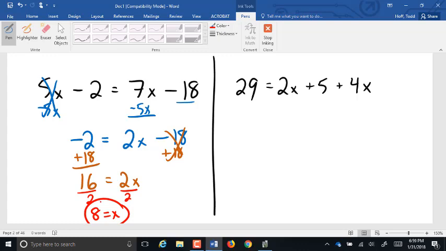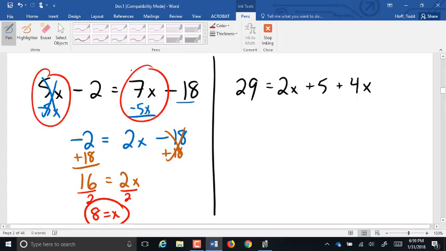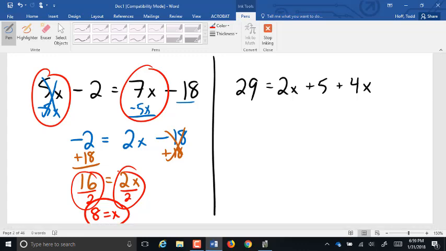The key is you try to get it down, because when you multiply or divide, it gets a little more complex if you don't have it down to a single term. When we added or subtracted, I only have to add or subtract to one piece on each side. When I multiply or divide, I have to multiply or divide every piece on each side. Like here, when I divided by 2, there was only one thing on the left and only one thing on the right. So if we have it down to just one thing on each side to multiply or divide, that's easiest.